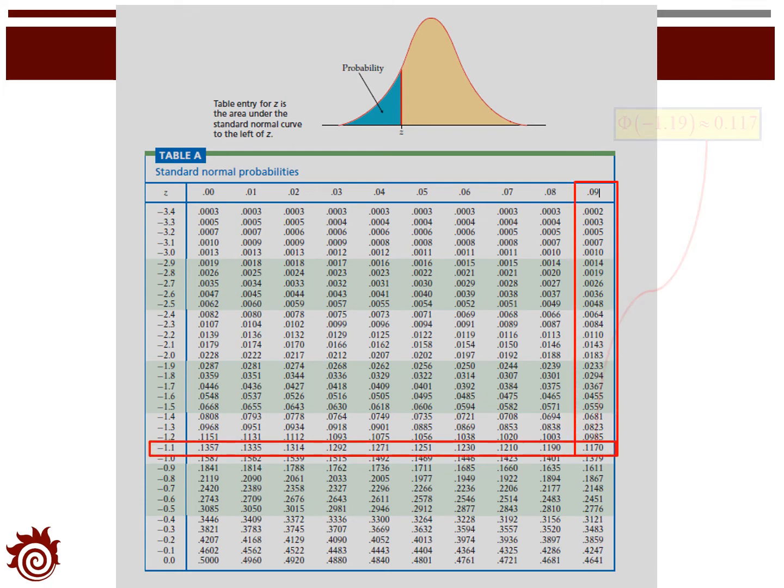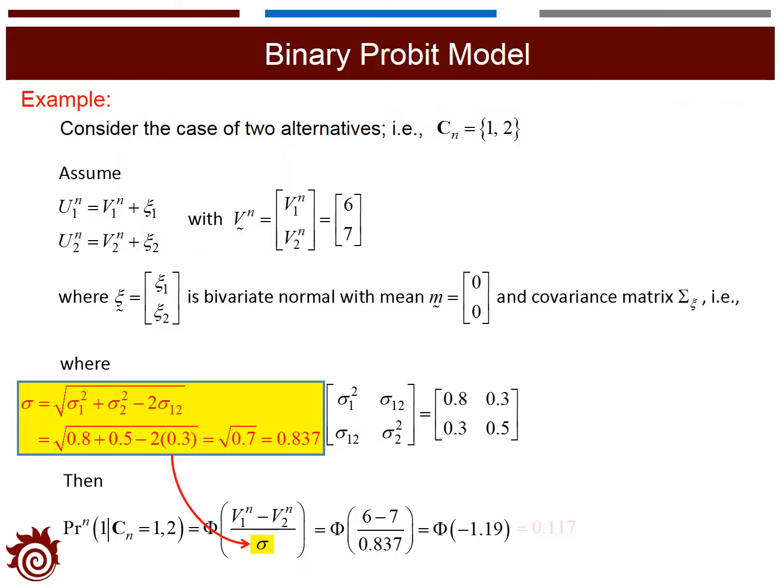In this table, we find the value of minus 1.19, and the probability here is 0.117. This is the probability of taking alternative 1. Similarly, we can apply the same process to find the probability of taking alternative 2.